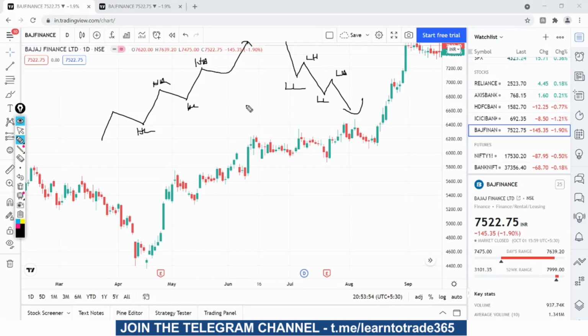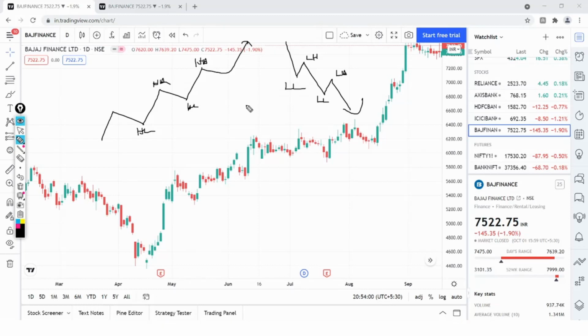But what is important here is to understand the price action, or the attempt from the traders, in the zone in between when these higher highs and higher lows are being formed. How the traders are reacting in this area will play a major role in creating these higher lows and higher highs.